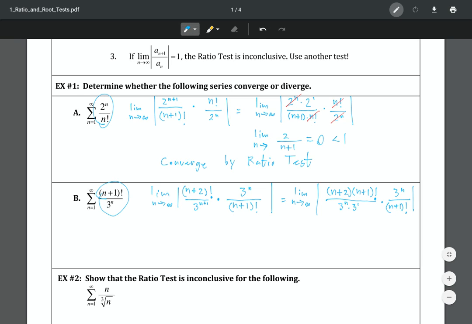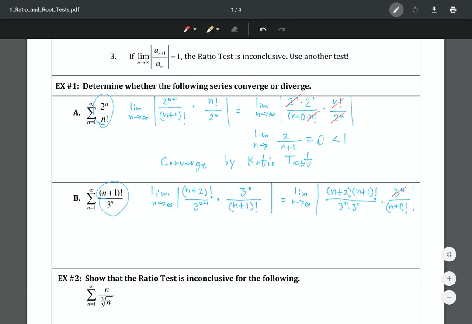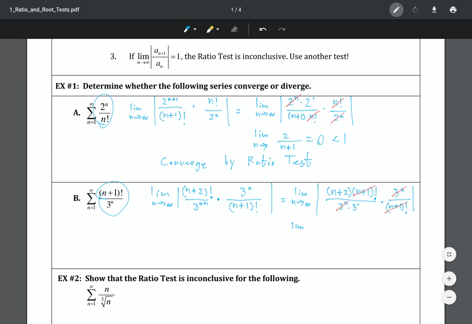Okay, so let's cancel some stuff out now. The 3 to the n's are going to cancel. N plus 1 factorials are going to cancel. And notice that what I end up with is n plus 2, which will be positive because n is positive, over 3, which is also positive. So I can just go ahead and drop the absolute values at that point.